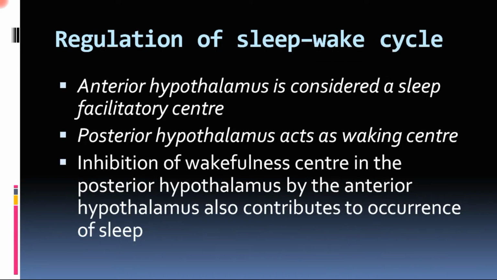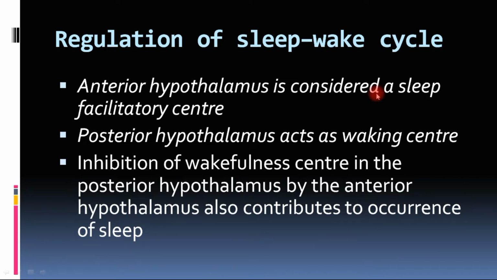Now coming to the sleep-wake cycle, there are certain centers in our brain which act as sleep facilitatory centers and which act as sleep inhibitory centers or waking centers. So the anterior hypothalamus is considered a sleep facilitatory center, and the posterior hypothalamus acts as a waking center.